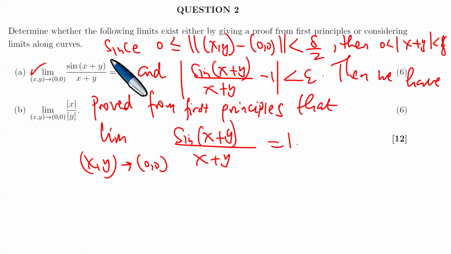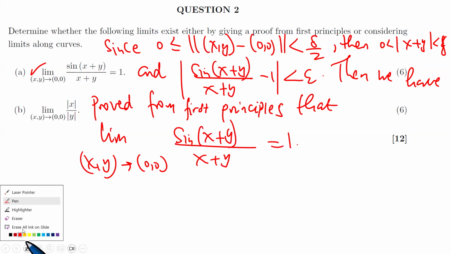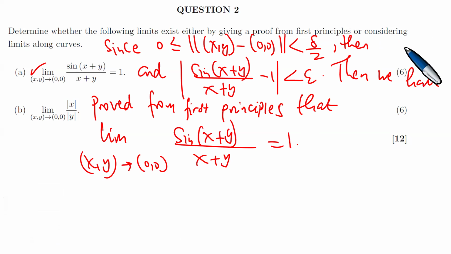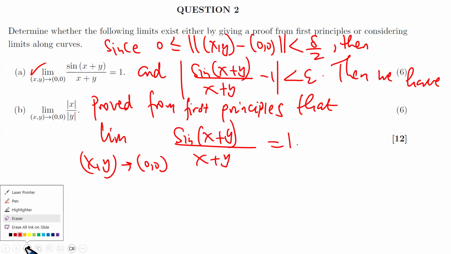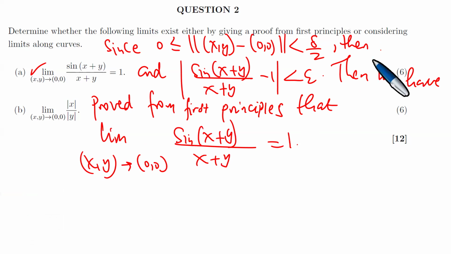Since this is less than delta out of 2, then this one is going to be less than delta, because it has both x and y. So then 0 is less than the modulus of x plus y, which is less than delta.